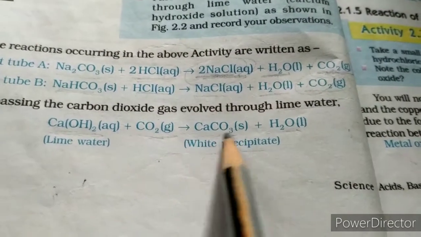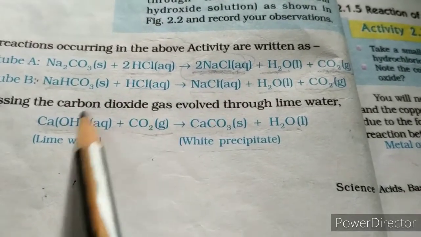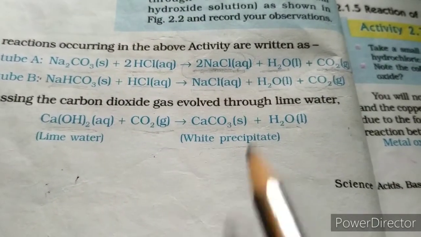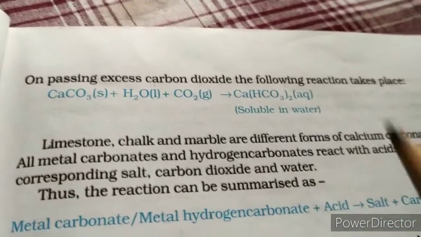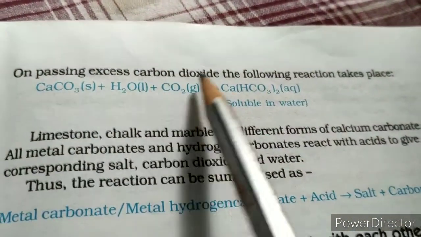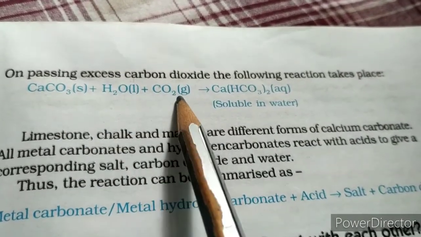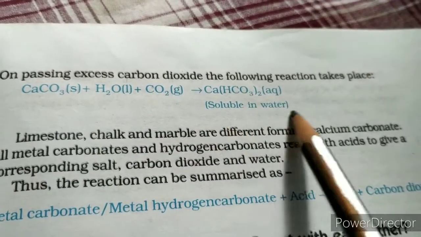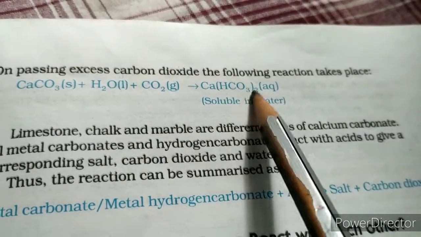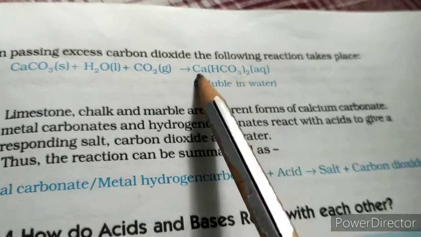Again, when we pass excess carbon dioxide gas in the lime water, the following reaction takes place: calcium carbonate, water, as well as carbon dioxide gas passing, forms calcium bicarbonate, soluble in water.